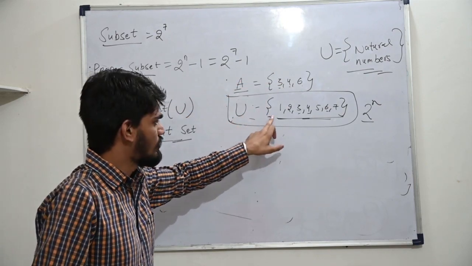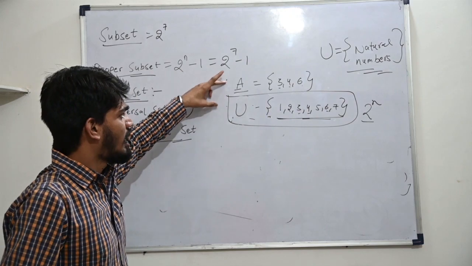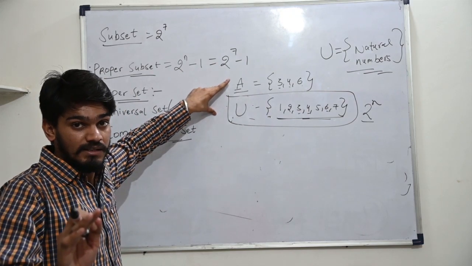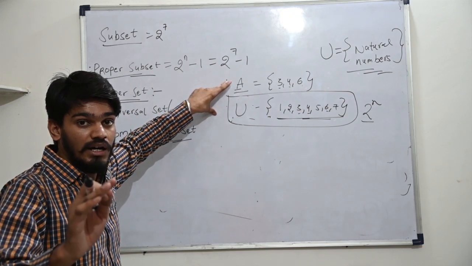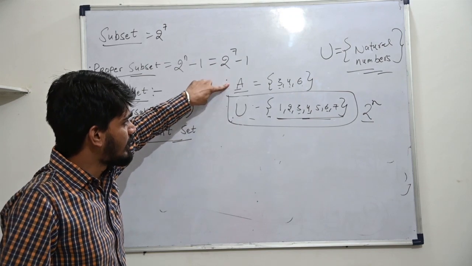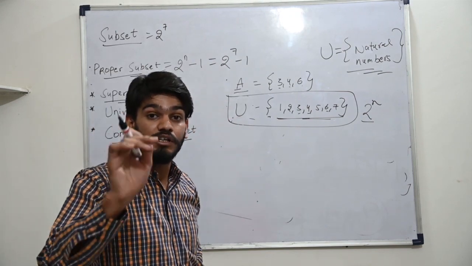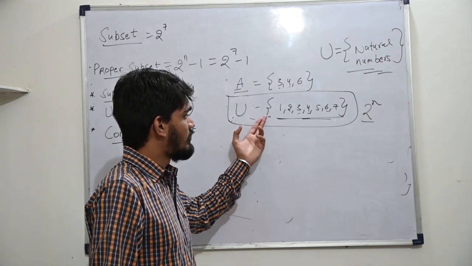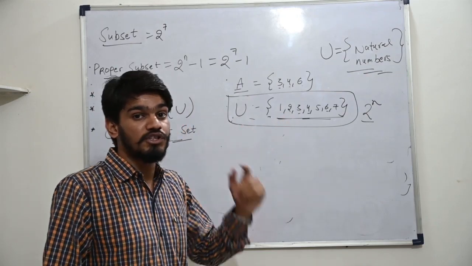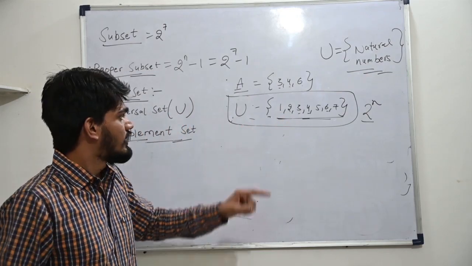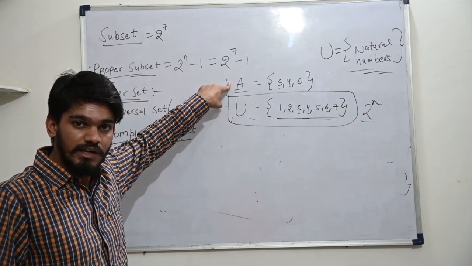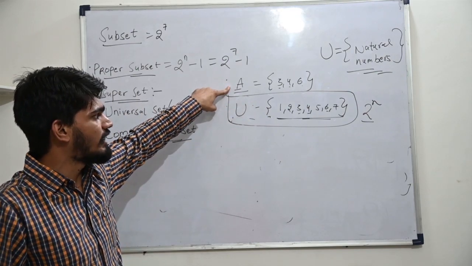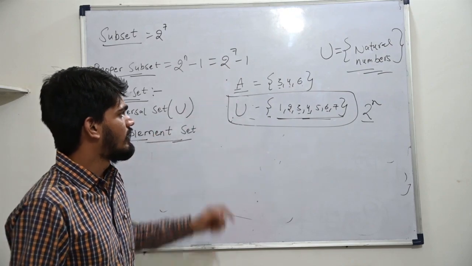The universal set has 1, 2, 3, 4, 5, 6, 7. Now the elements of the universal set which are not present in set A will be called the complement set of set A.